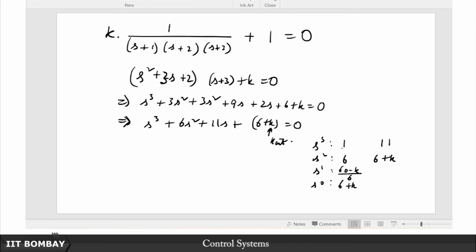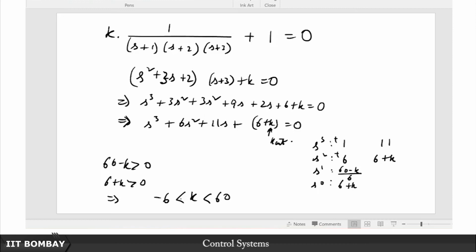So if this has to remain stable, this is positive, then we need 60 minus K to be greater than 0 and 6 plus K to be greater than 0. From these two, putting together the pieces, we need K less than 60 and K greater than minus 6.